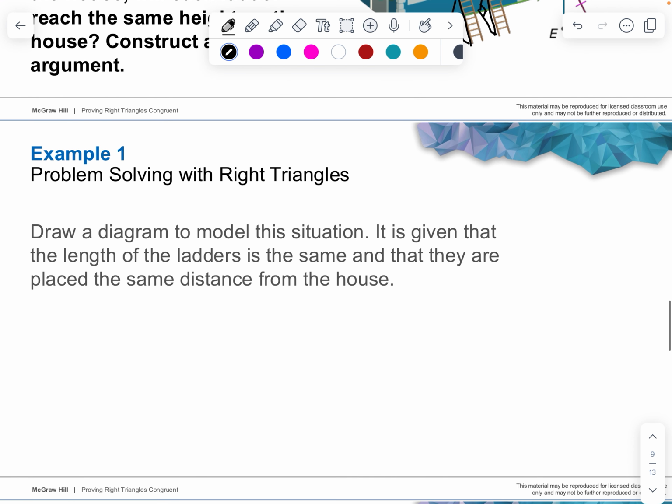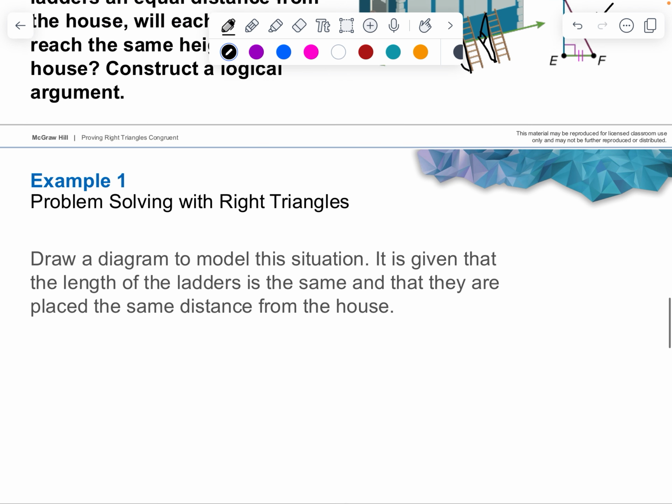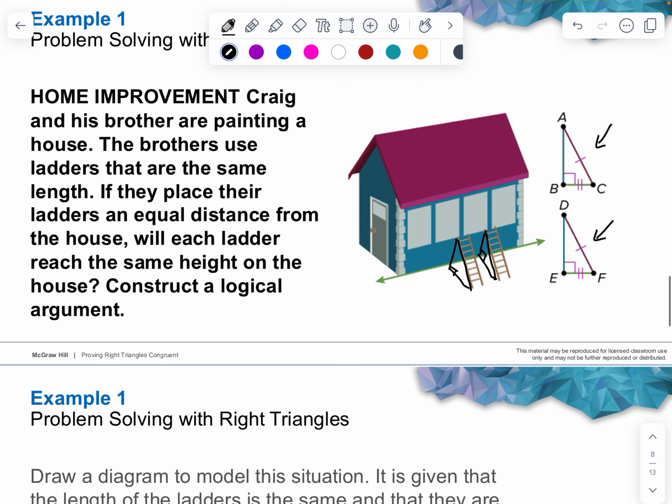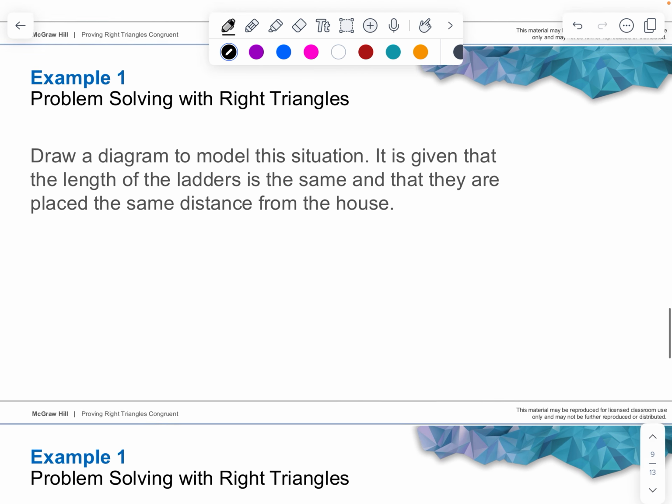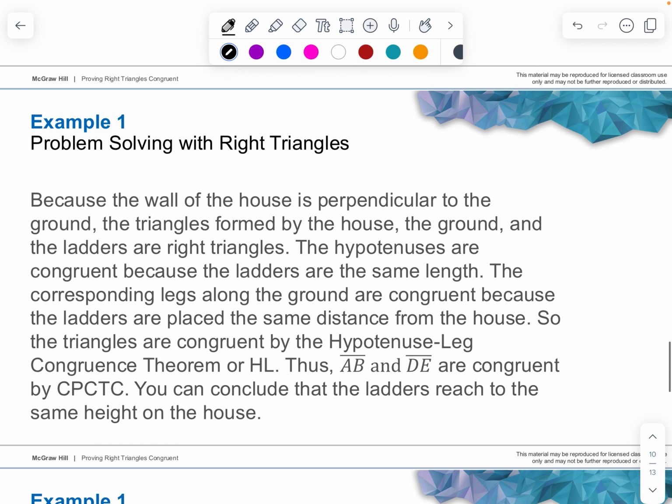They've drawn these two triangles in a two-dimensional format right there. First they draw a diagram to model the situation. It's given that the length of the ladders is the same and that they are placed the same distance from the house. So that's what they drew, and they marked same distance. Because the wall of the house is perpendicular to the ground, the triangles formed by the house, the ground, and the ladders are right triangles.